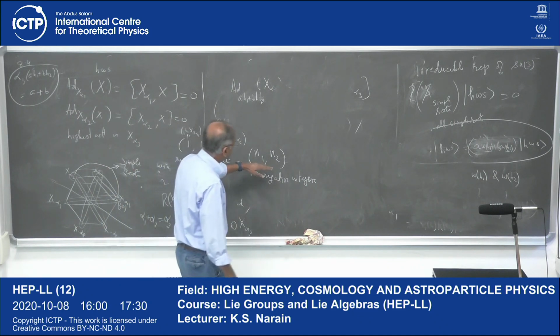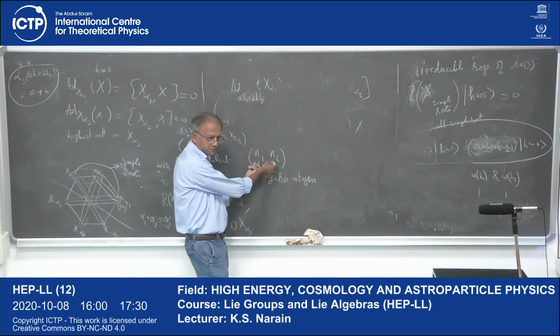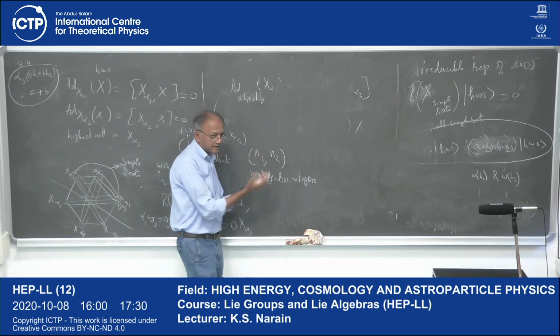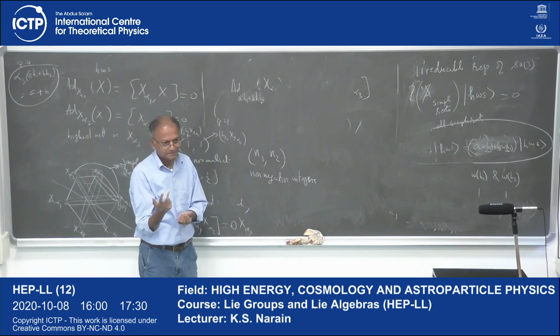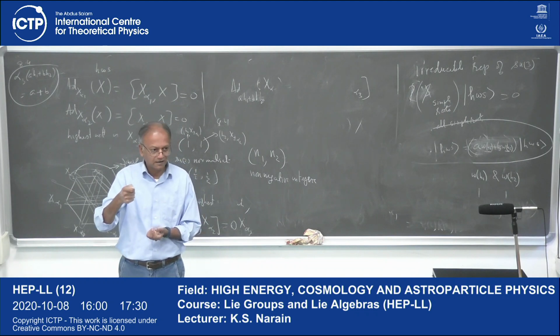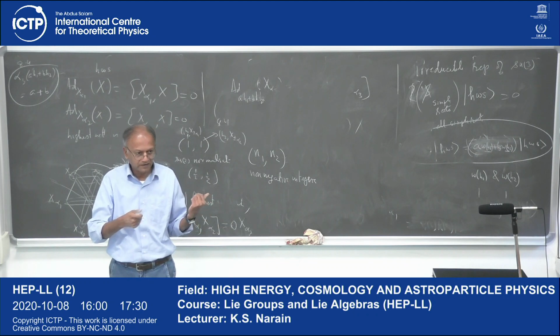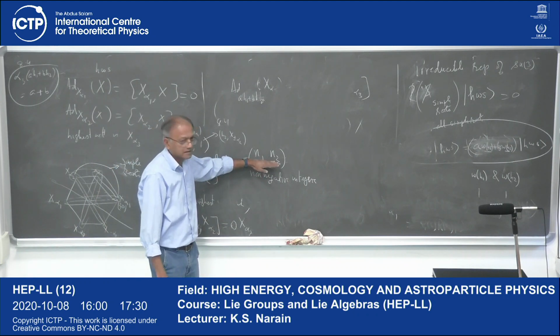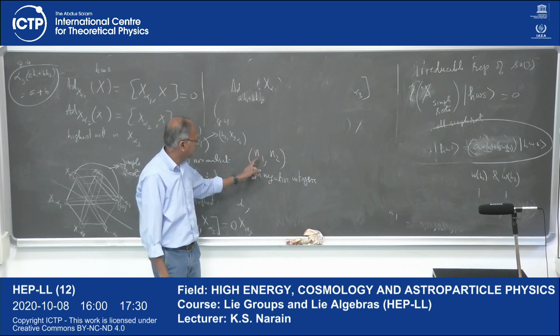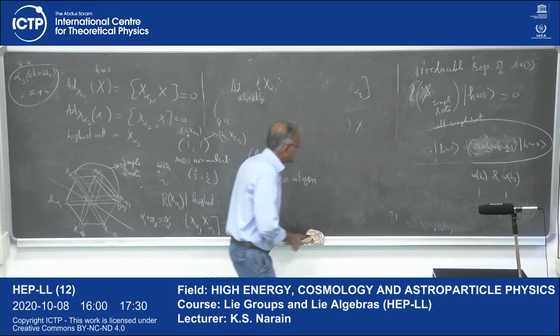Since in SU3 you need to specify two independent pieces of information to fix the representation, it is not surprising there are also two Casimirs. Because if there was only one Casimir, there would be only one invariant of the representation. But here there are two invariants, in the sense that they label the representation. So you need to have two Casimirs.